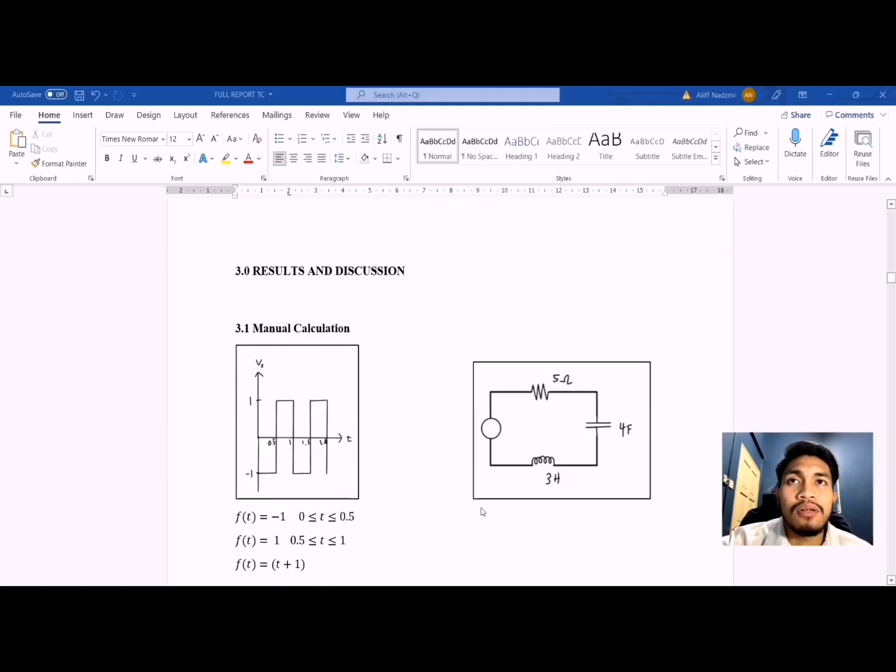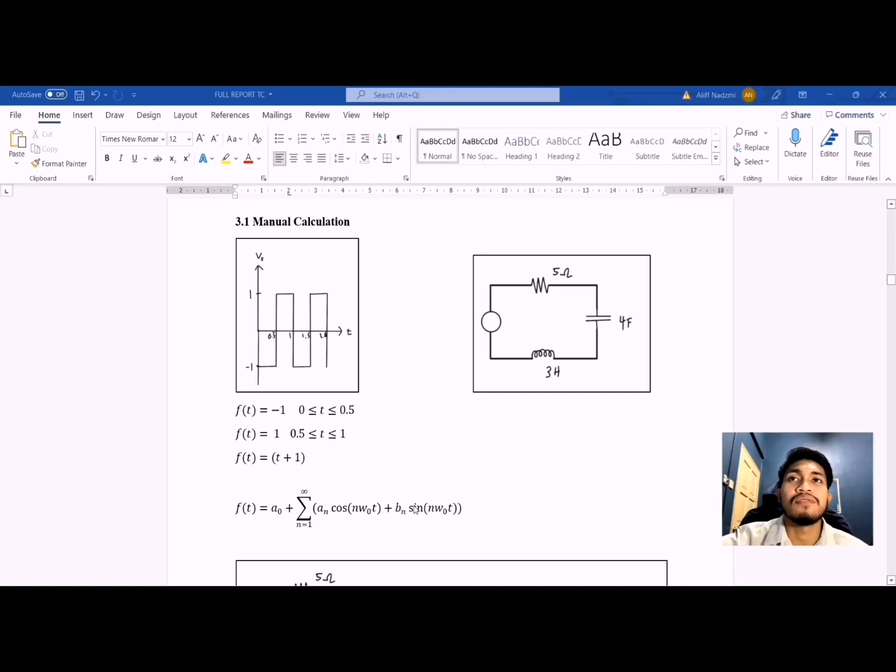For the manual calculation, firstly we have to get the information based on the equation. For the square wave, we can obtain the function of the input. So when time is 0.5, what is the function?